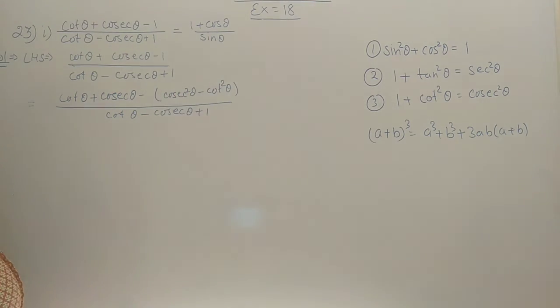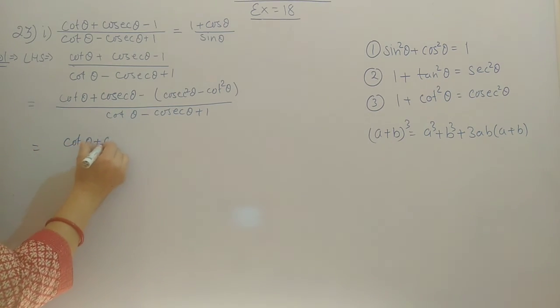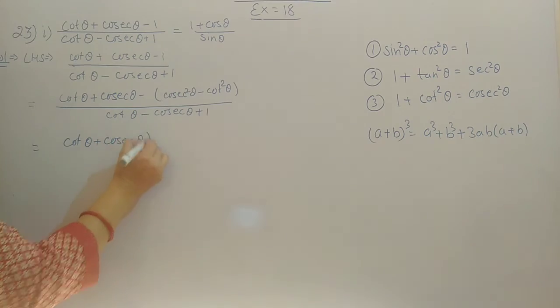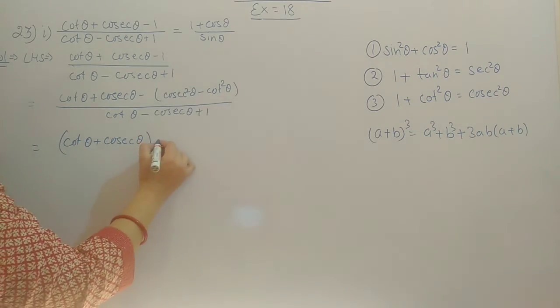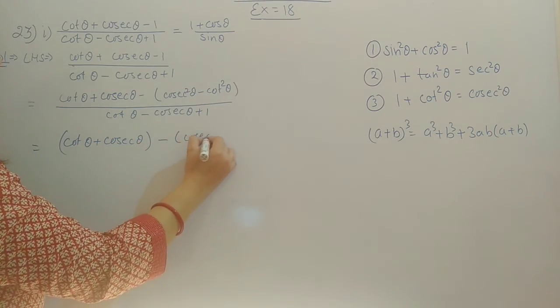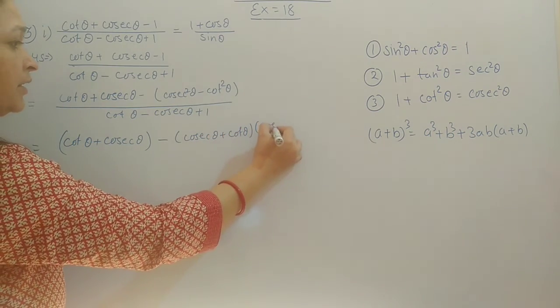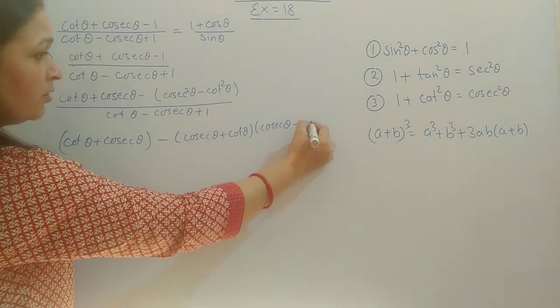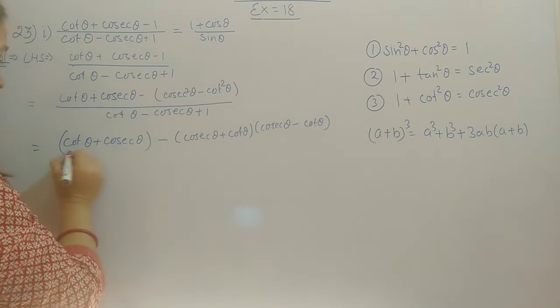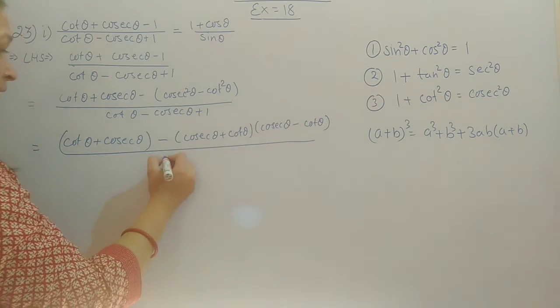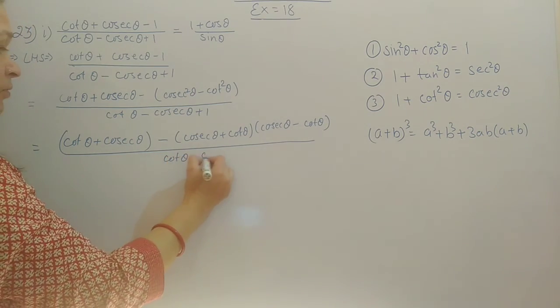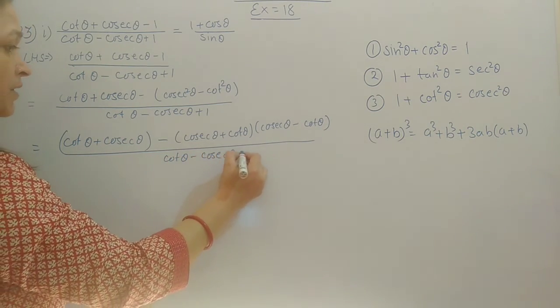Now this bracket, a square minus b square is equal to a plus b, a minus b formula we are using. So this thing will become cosec theta plus cot theta and cosec theta minus cot theta, divided by cot theta minus cosec theta plus 1.